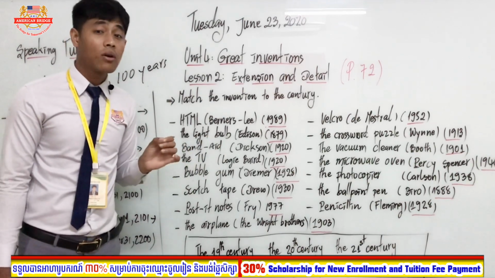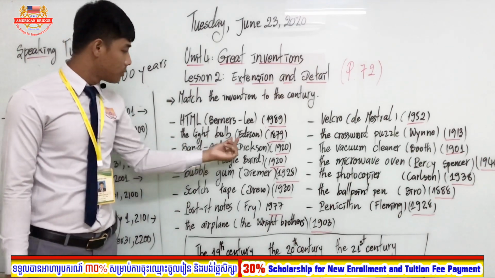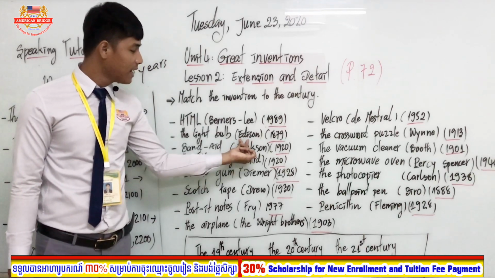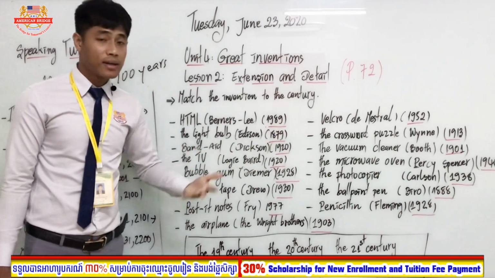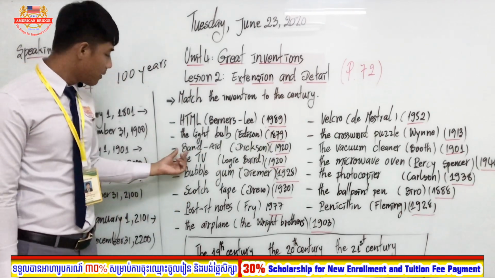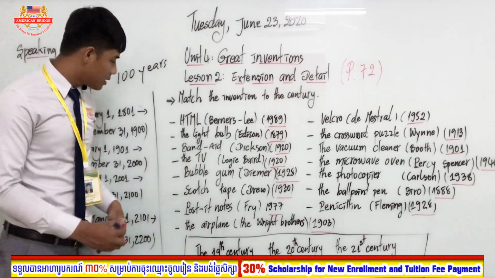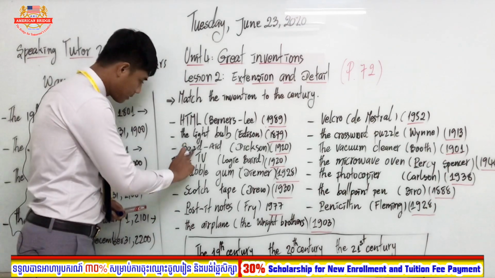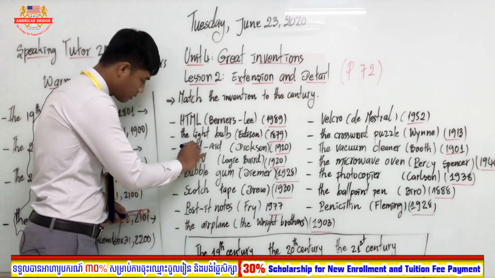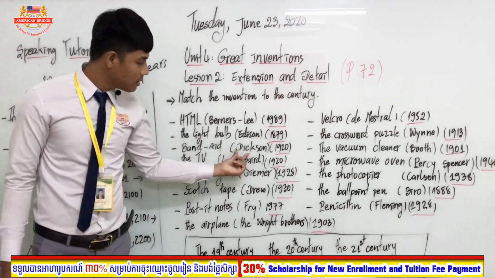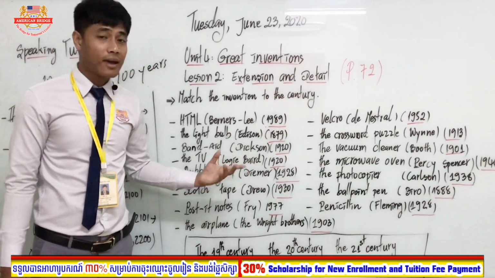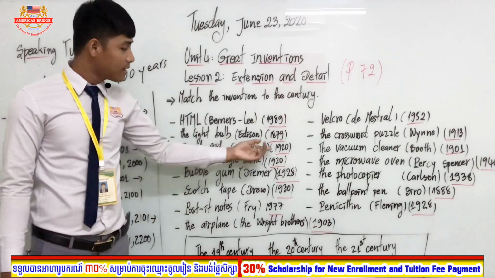The light bulb is the light or lamp, okay? The light bulb was invented by Edison in 1879. Next, bandage, invented by Dixon in 1920.